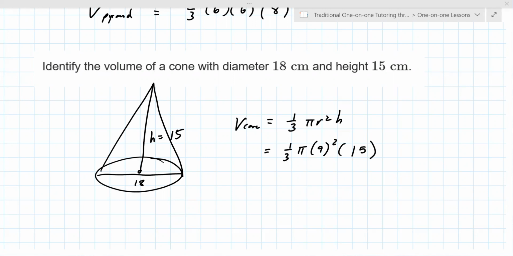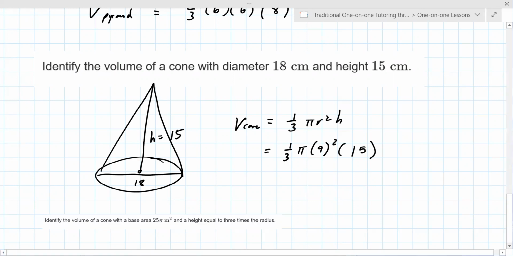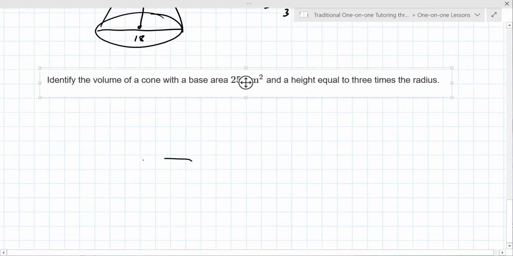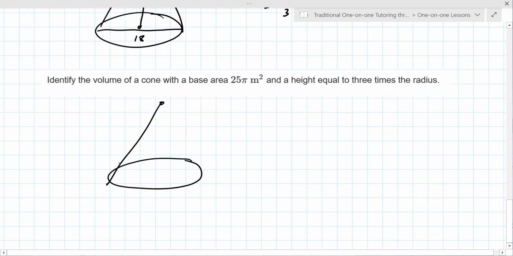Next question here is also a cone. It says the area of the base, which is a circle, is 25 pi. What's the formula for the area of a circle?